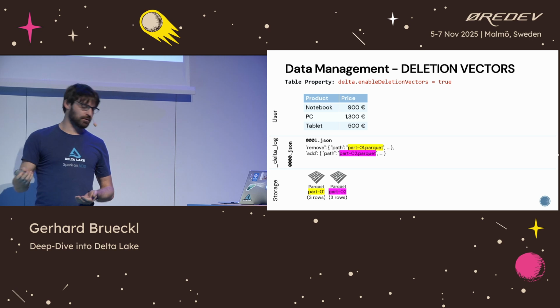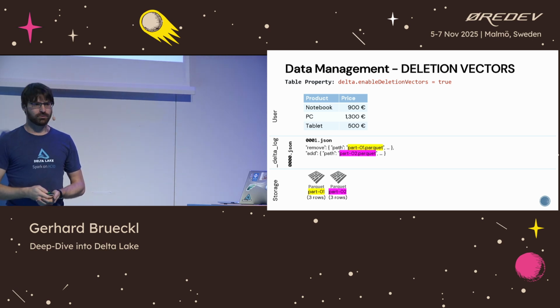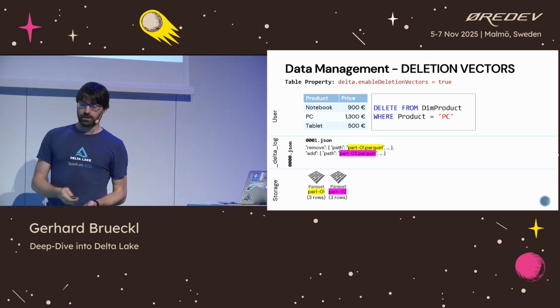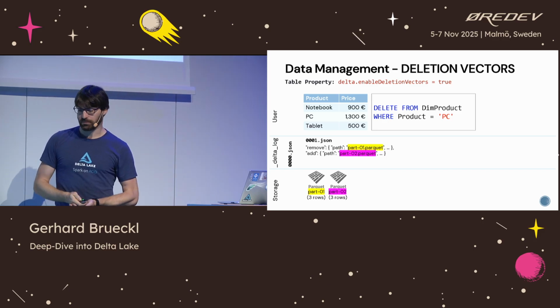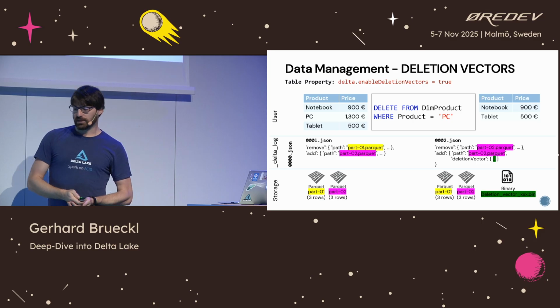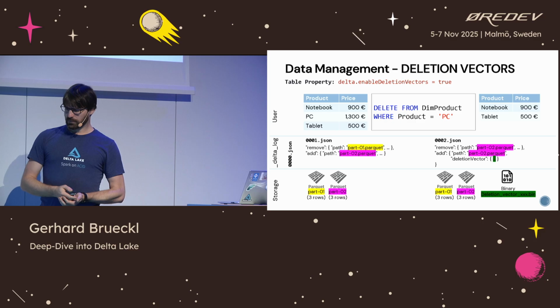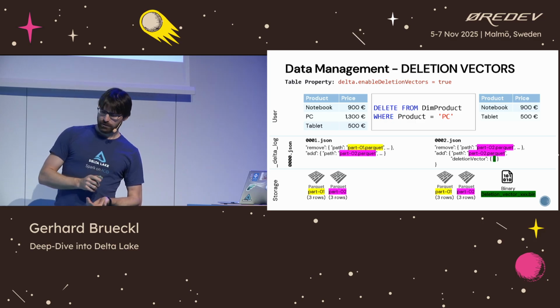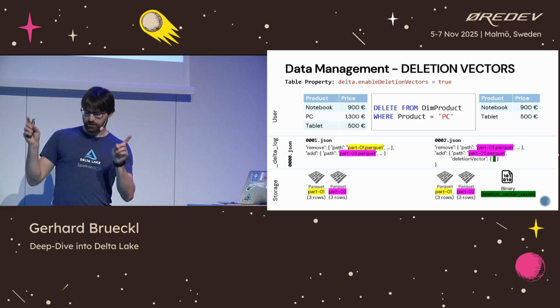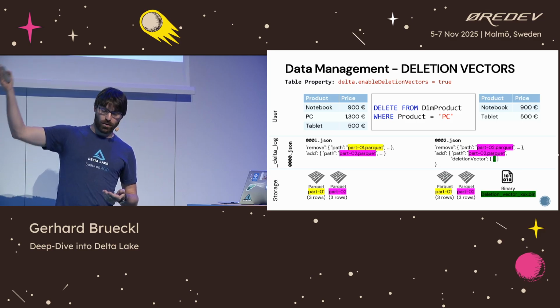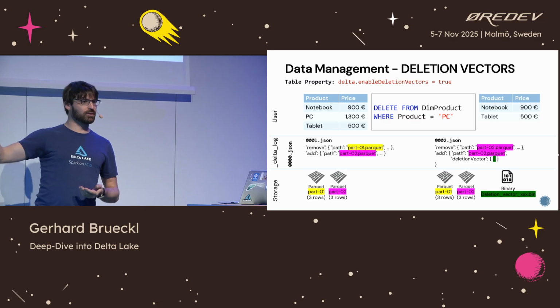A thing that Delta Lake came up with is so-called deletion vectors, which says, if I run that same operation again as before, delete from my table, it's now, oh, there's a typo on the slide. Oh no, it's actually true. It's removing the file logically again, and also adding it again, but with an additional deletion vector.